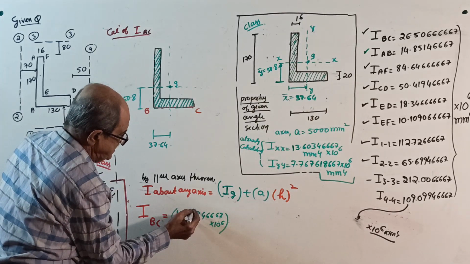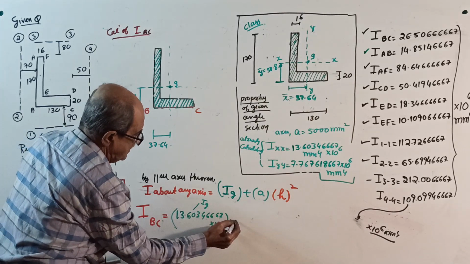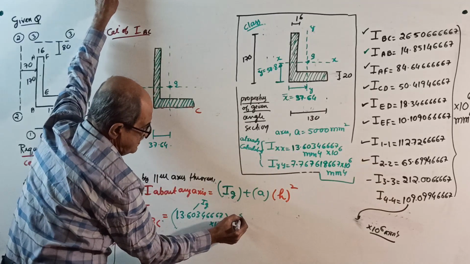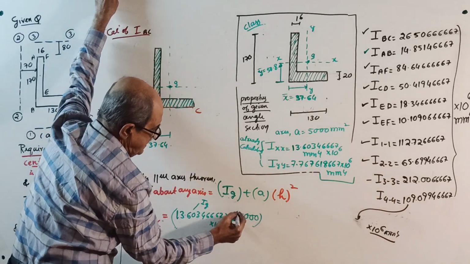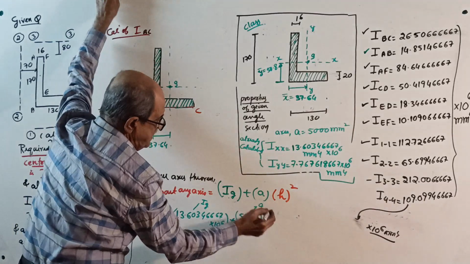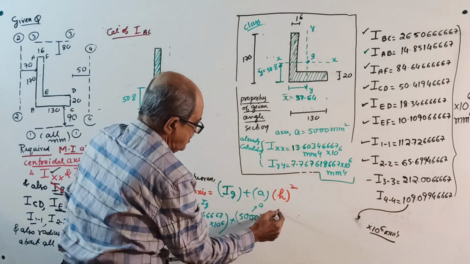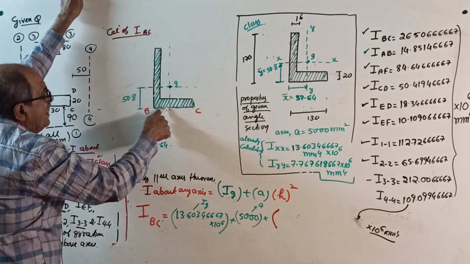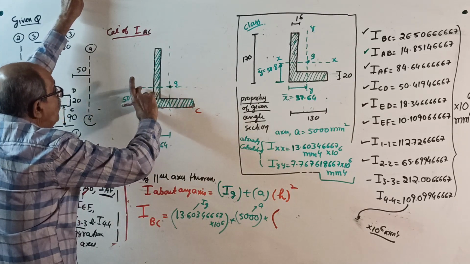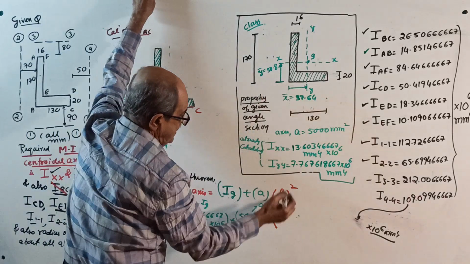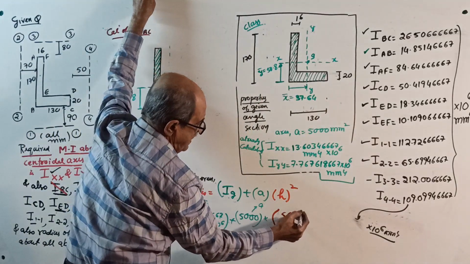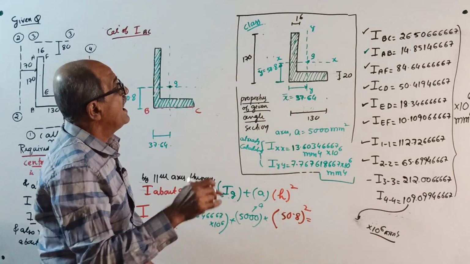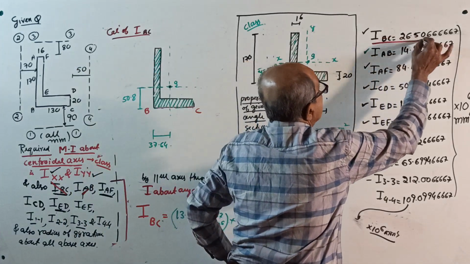This is your IG plus complete area 5000 into perpendicular distance from centroid to required axis, this distance square, 50.8, already there, into 50.8 whole square.